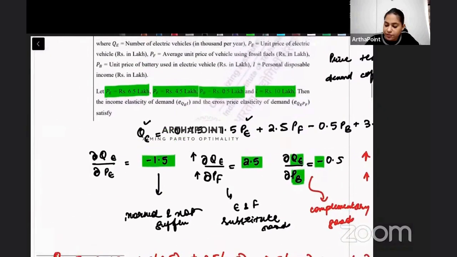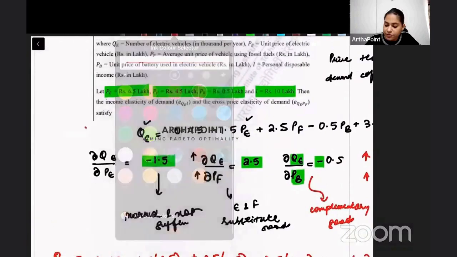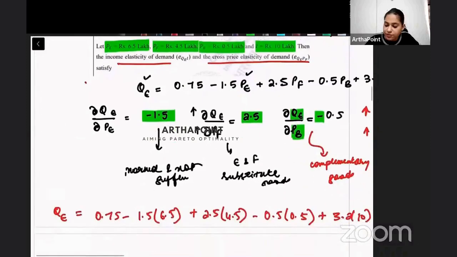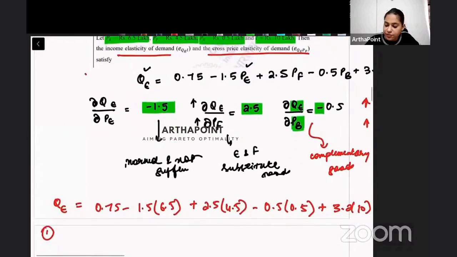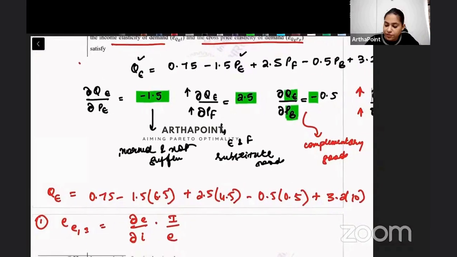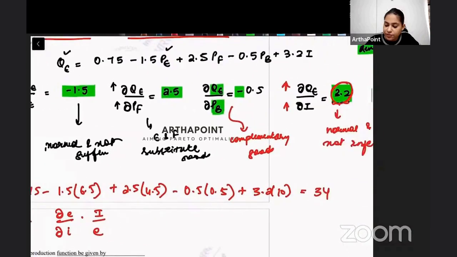But now they're asking us to find income elasticity and cross price elasticity. So let's do that. First of all, what will be income elasticity? Income elasticity will be how E changes as I changes, into initial value of I by initial value of E. How E changes as I changes is given to you as 3.2.